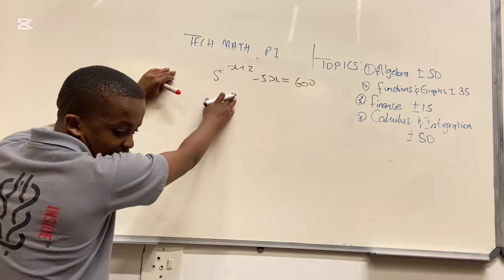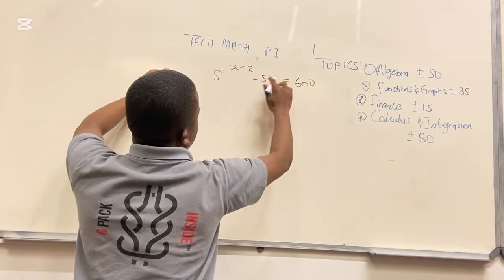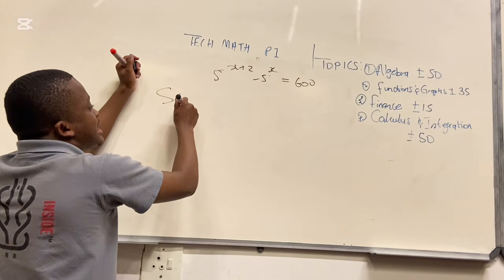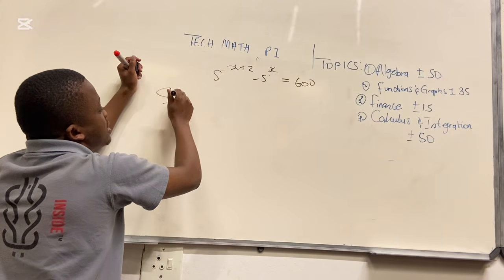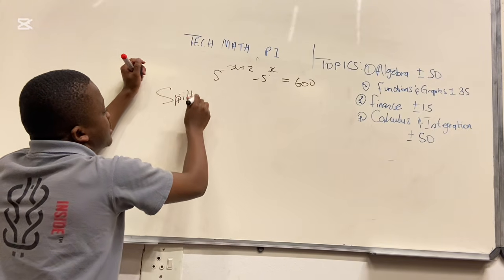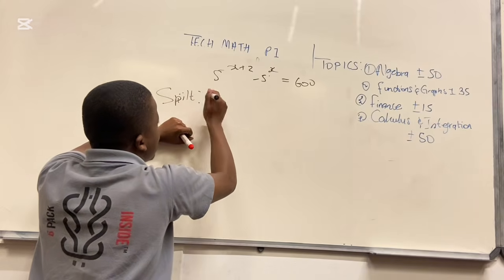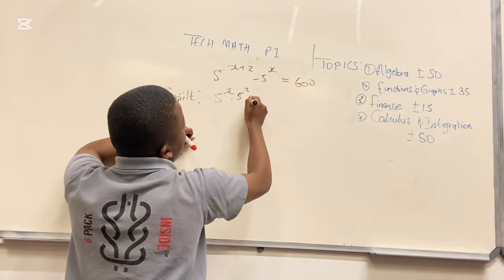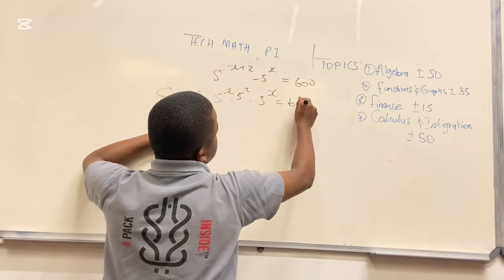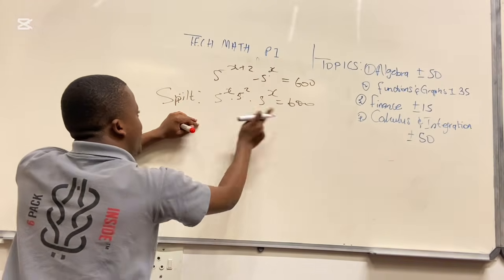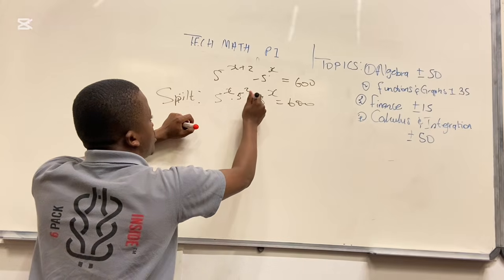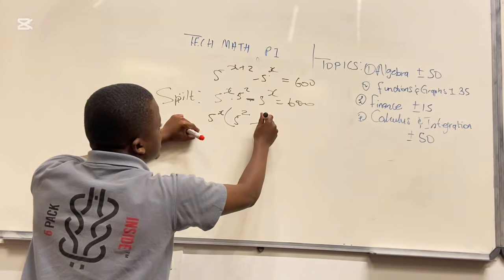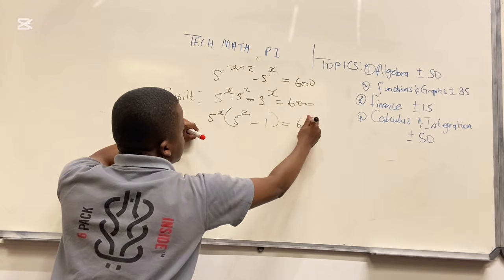If you are given this kind of question, the first step is to split. Split 5 to the power of x plus 2 into 5 squared times 5 to the power of x. 5 squared is 25, so 25 times 5 to the power of x minus 5 to the power of x is 600. You have a common factor, 5 to the power of x, so this is 5 to the power of x times (5 squared minus 1) equal to 600.